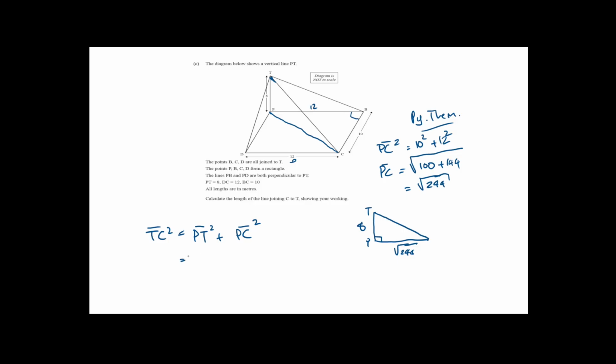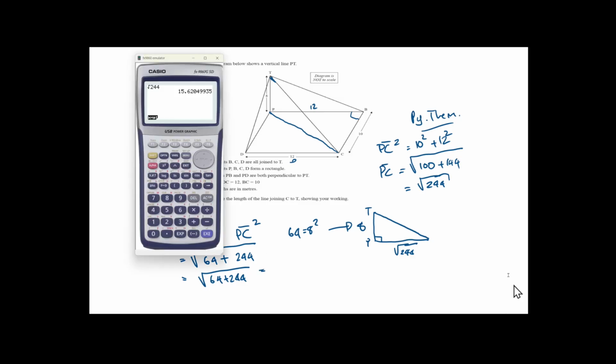Yes. Okay, so that's going to be equal to the square root of 8 squared, so 64 plus square root of 244 squared is 244. So the 64 comes from 8 squared. This side here. So it's going to be the square root of 64 plus 244.